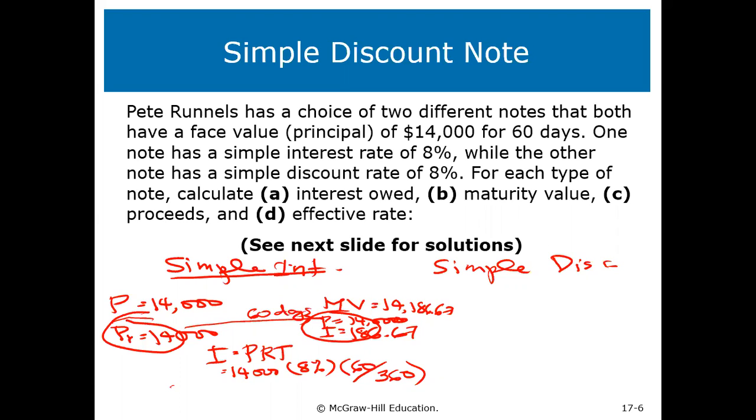Principal is 14,000, rate is 8%, and the time is 60 days divided by 360, to convert into year. So we get 186.67. Therefore, ang babayaran after 60 days is 14,186.67. Why? Because that's the maturity value. A maturity value is the principal 14,000 plus the interest.